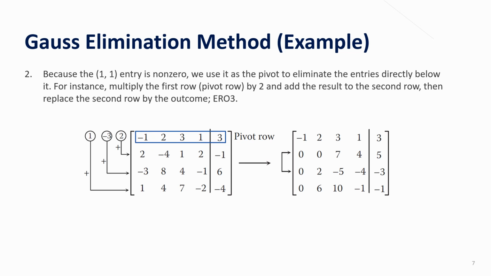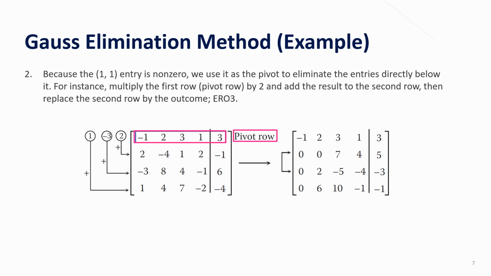First of all, we can use elementary row operation number 3 by using this pivot row. I think I highlighted it already. This will be the pivot row. With elementary row operation 3, we can multiply the pivot row by some value and then add that to the other row.